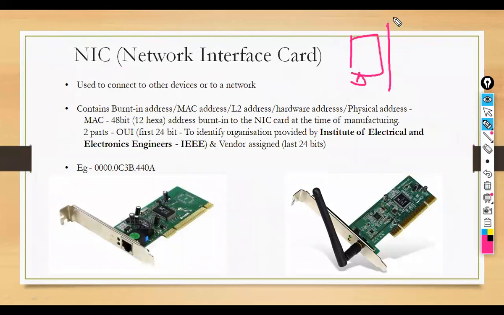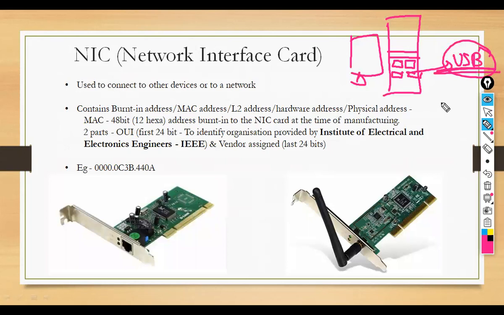So this is the CPU cabin. And to the back side of the CPU cabin, you might have noticed you will have different slots or ports. One such port is a USB port to which you can connect the USB pen drive or whatever it is. Or you can connect this mouse as well, right? Or you can connect the keyboard like that. Among these ports, you will have one more port which is called NIC, network interface card.